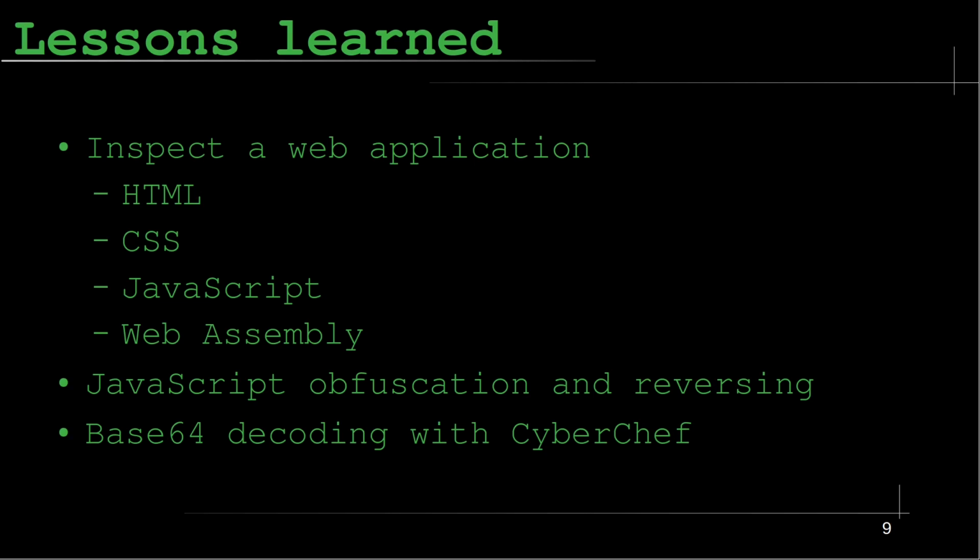Now that we've solved the challenge, let's summarize the main lessons learned. To inspect a web application means to examine its source code, which includes HTML, CSS, JavaScript, and WebAssembly. HTML is the standard markup language for documents designed to be displayed in a web browser and describes the structure of a web page using HTML elements.